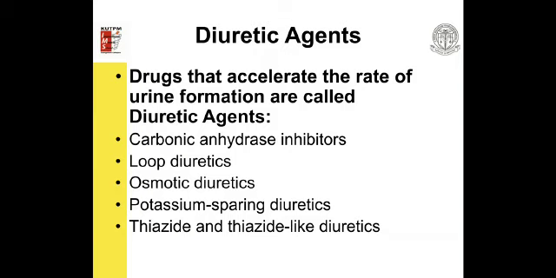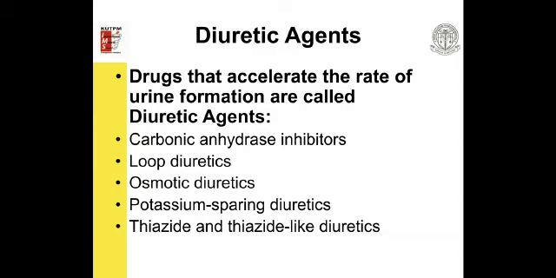So basically, diuresis takes place through three processes. It can be osmotic diuresis, in which urine output is increased due to the presence of osmotically active particles in the filtrate. Reducing sugars in diabetes mellitus produce osmotic diuresis.